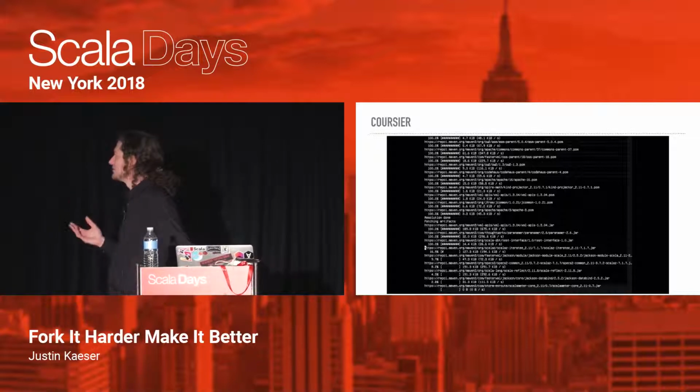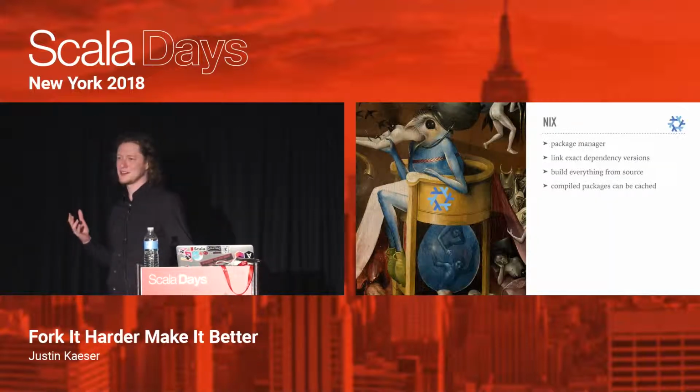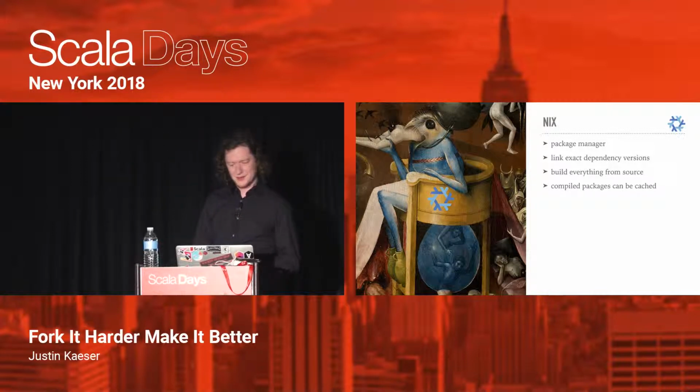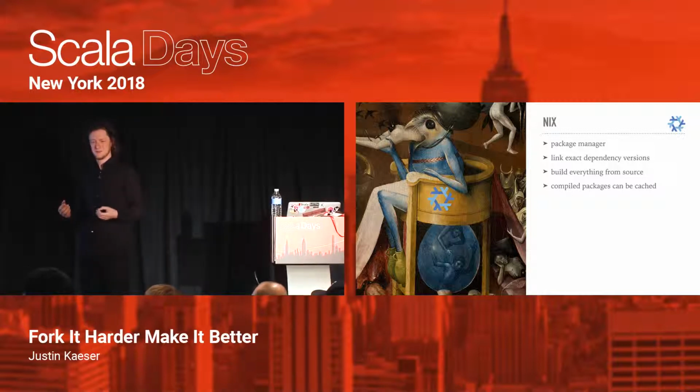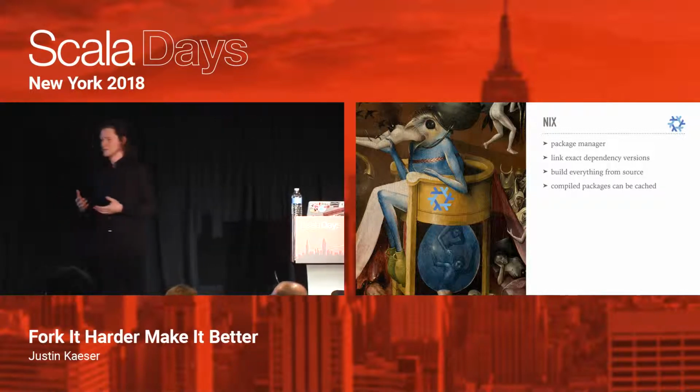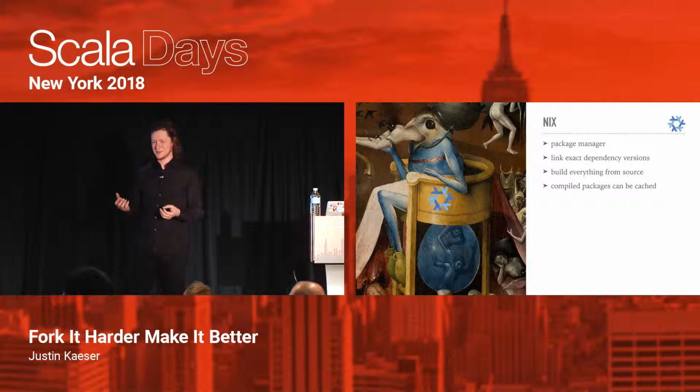A bit of a different approach. Yeah, we've talked a lot about source dependencies. Nix is another way of packaging stuff. So it's actually a package manager and not such a dependency manager. But it follows similar functional ideas.